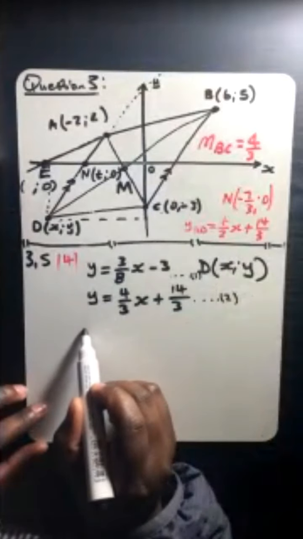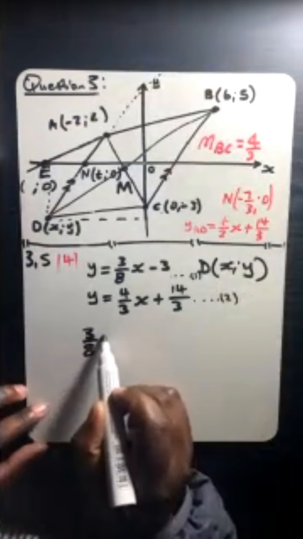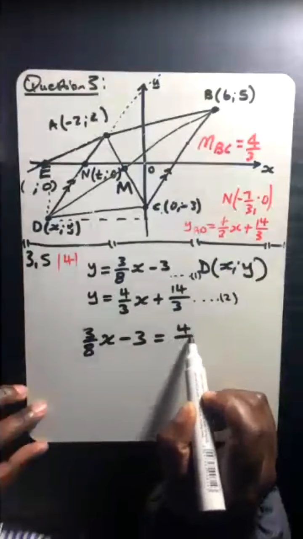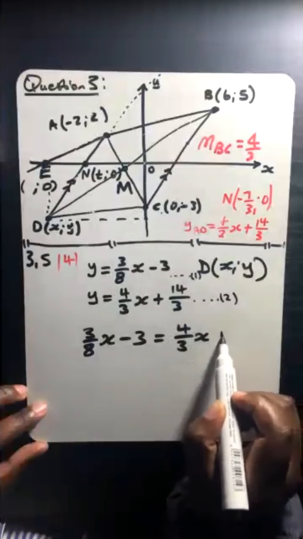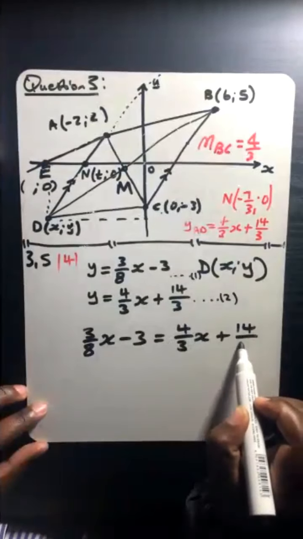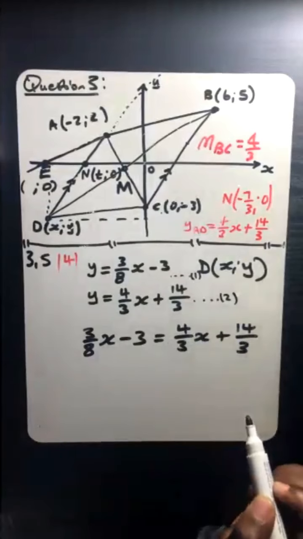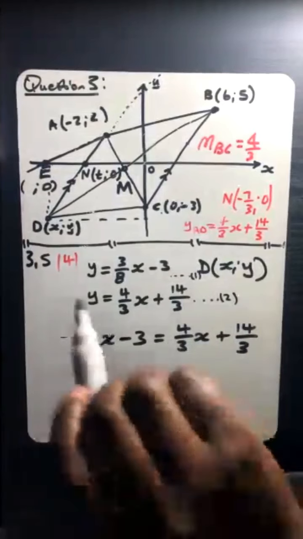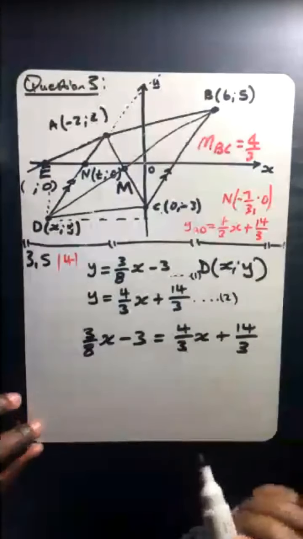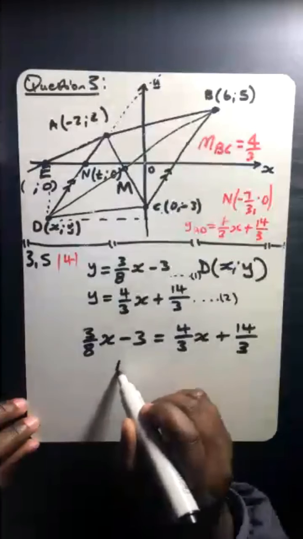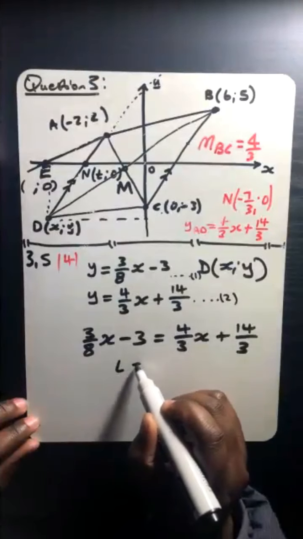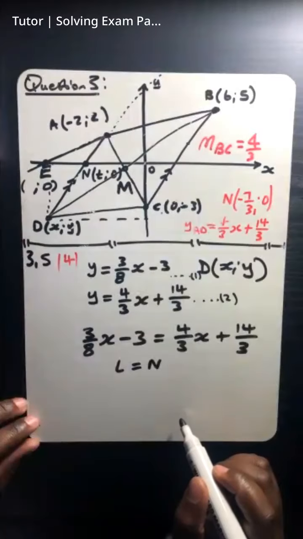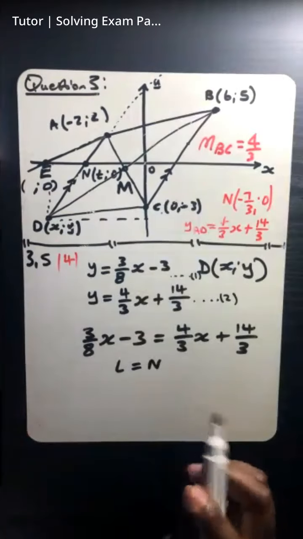So you have 3/4x minus 3 is equal to 4/3x plus 14/3. Remember, I've always been saying in mathematics, when you solve, you always want to have the letters on the left and equate them to the numbers. So let's take all the letters to the left, the numbers to the right.